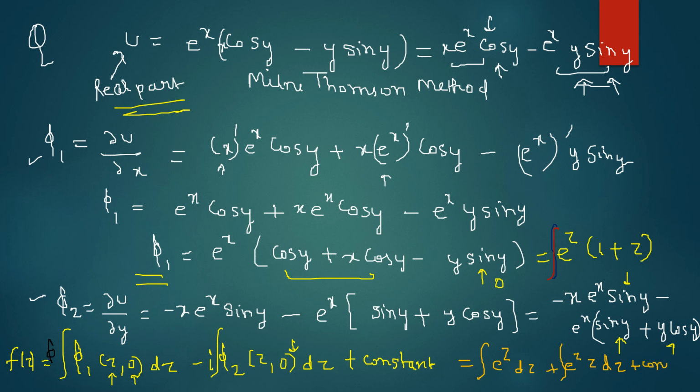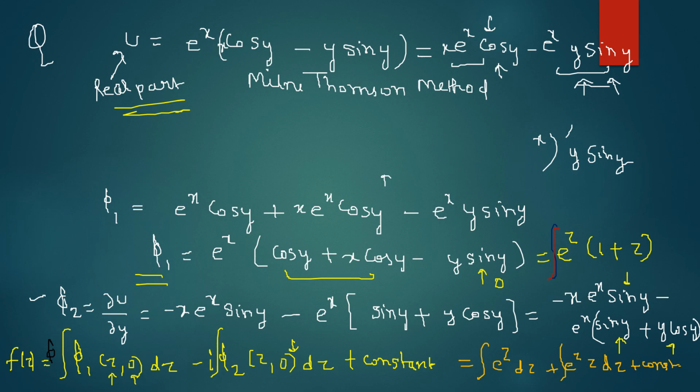Yes or no? Okay. Now tell me what you will get by integrating these. The function, of course, but what it will result into. Okay. So e raised to power z, integration of e raised to power z is e raised to power z only, correct?